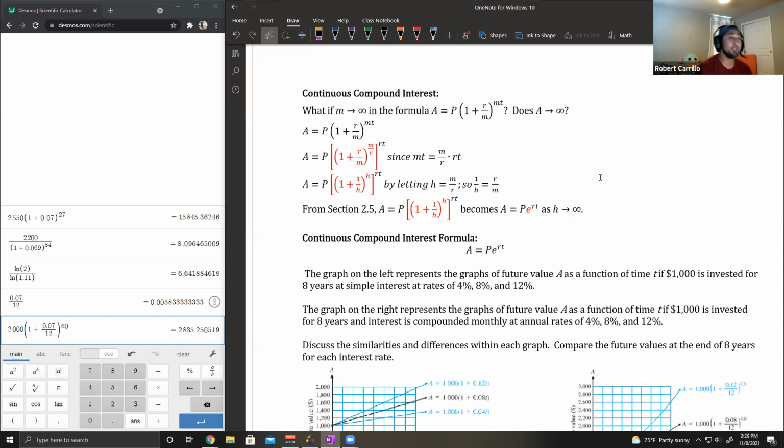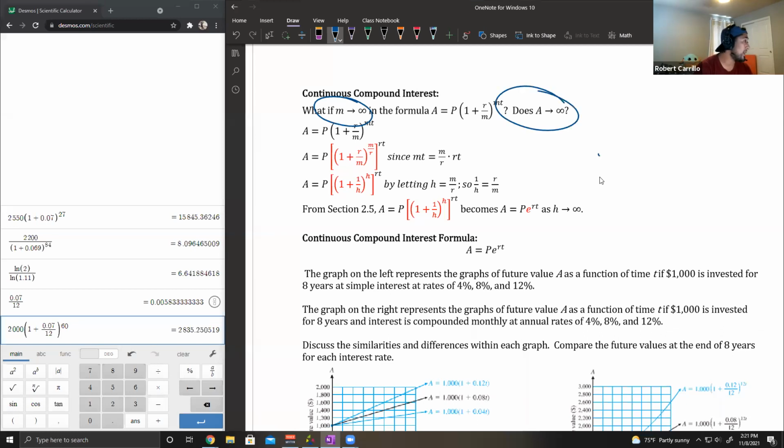How much money do you think you would have? So this says, what if your compounding's headed towards infinity? So basically, what if they never stopped? What if your compoundings kept going? They kept getting increasingly larger. So what would happen to your A value?